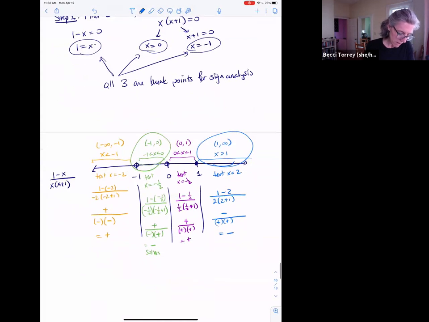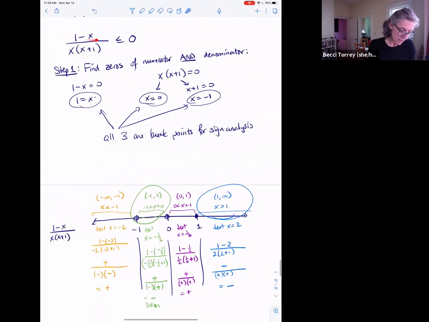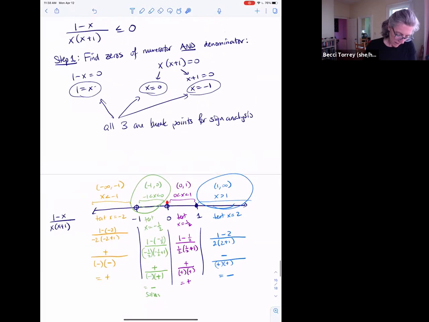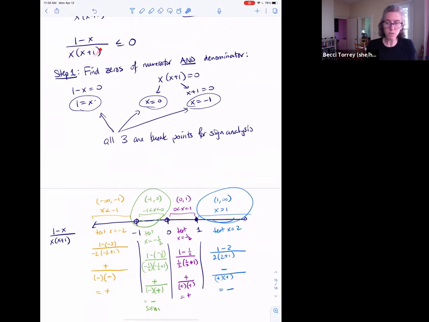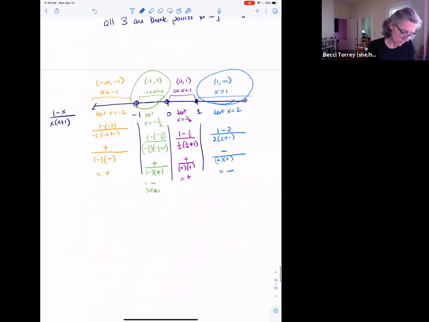So now we've reminded ourselves that we're going to include x equals 1 because that makes the numerator equal to 0, and we have an equal sign here. But we're not including the endpoints at the -1 and 0 because that gives us a 0 in the denominator, and you cannot divide by 0. Absolutely throw those ones out no matter what's going on. So our solution, our answer, is all the x values between -1 and 0.